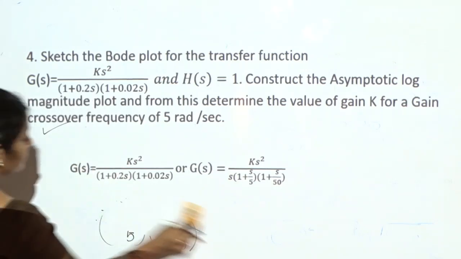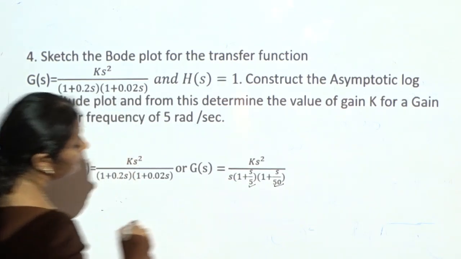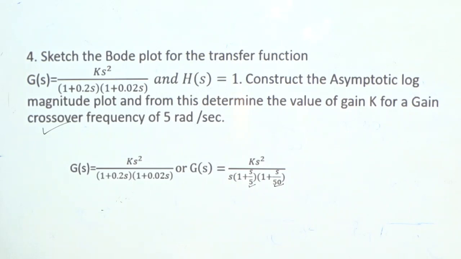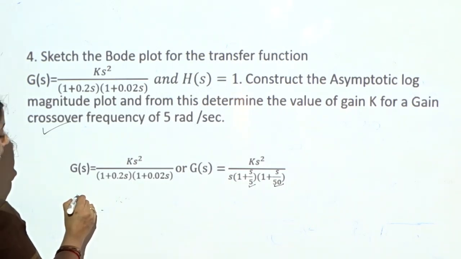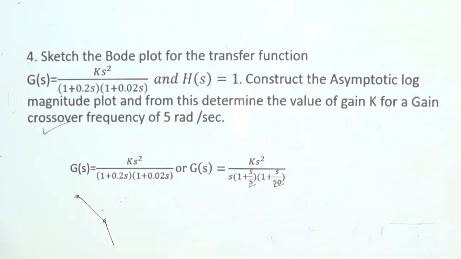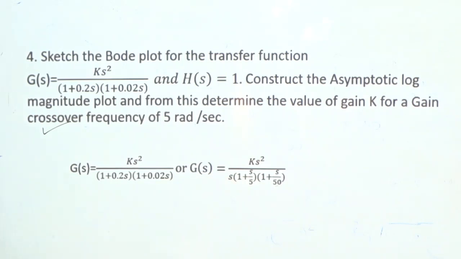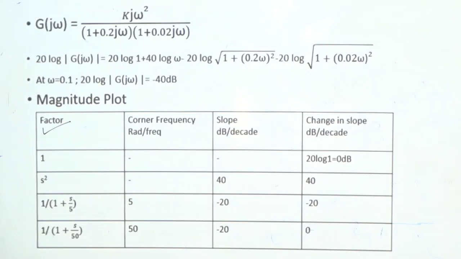We put it in this form so that we can recognize the corner frequencies, the frequencies at which the slope changes. The point at which the slope changes is called the corner frequency. In this form it will be convenient for us, and we can make out what the corner frequencies are.